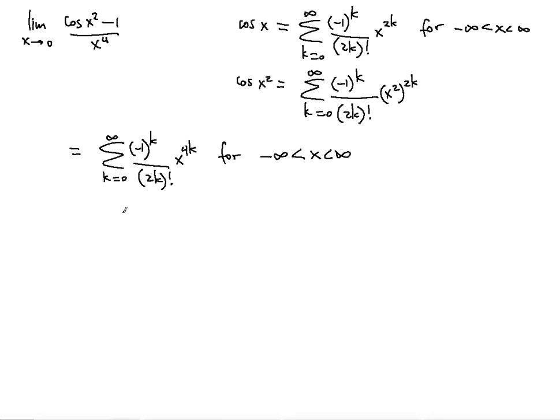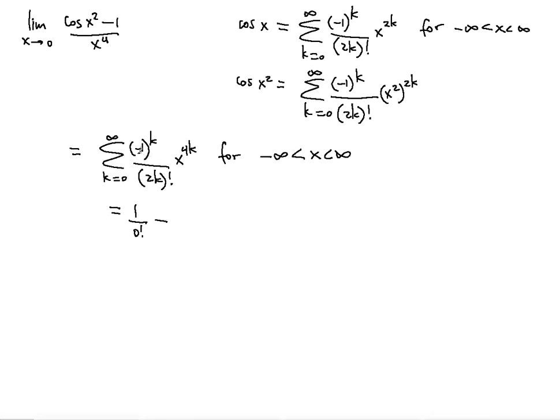So what does this mean? It means that we can expand this and see what's going on. If you expand it, you will get 1 over 0 factorial. X to the 0 is still 1, and negative 1 to the 0 power is 1, so 1 is in the numerator.